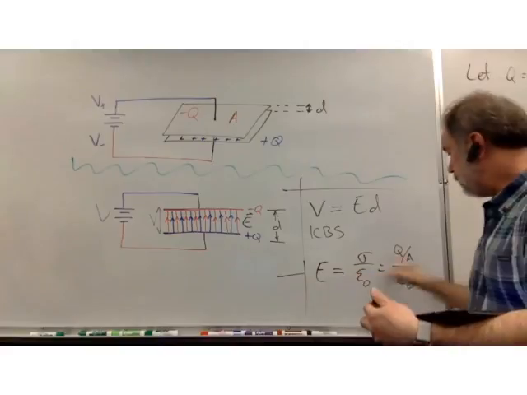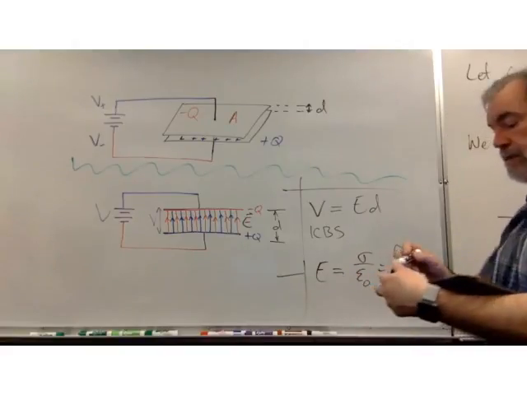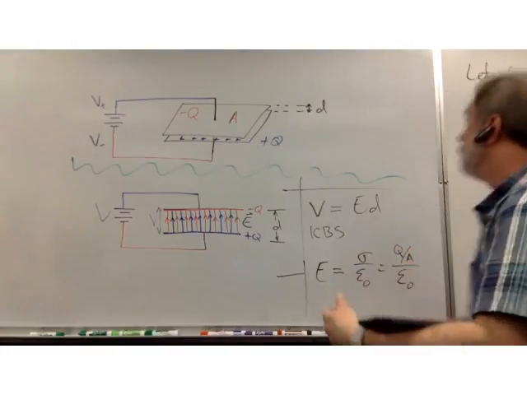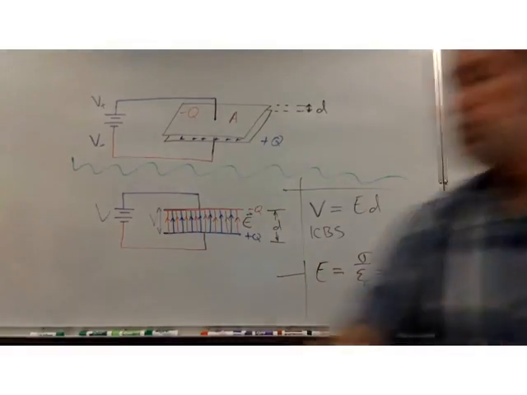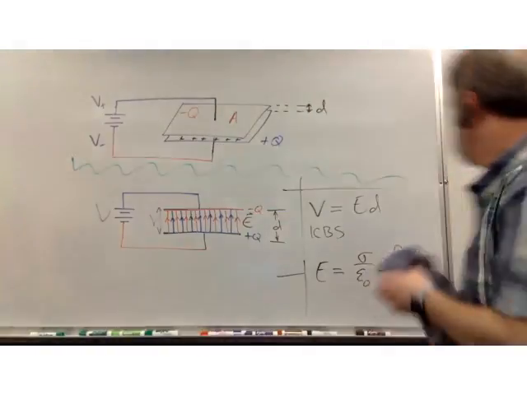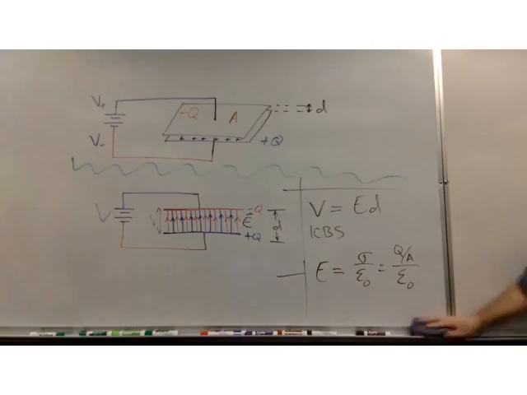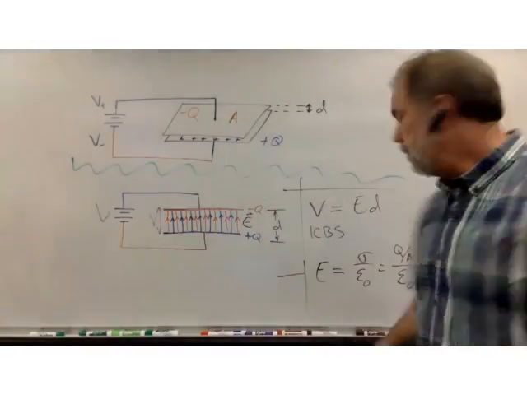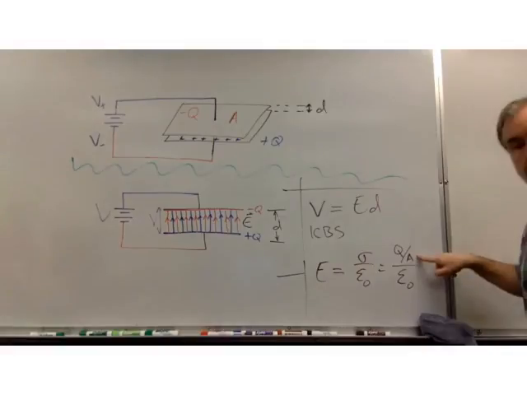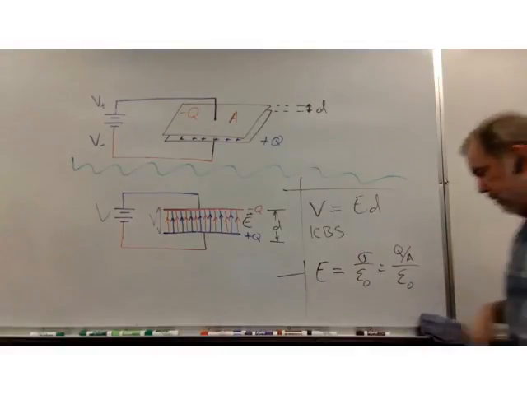So E is equal to Q over A times epsilon naught. Remember that sigma is surface charge density. It's the number of coulombs stored on the plate per square meter of area of the plate. Charge per unit area, Q over A.